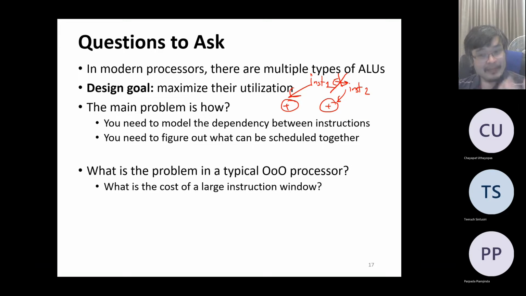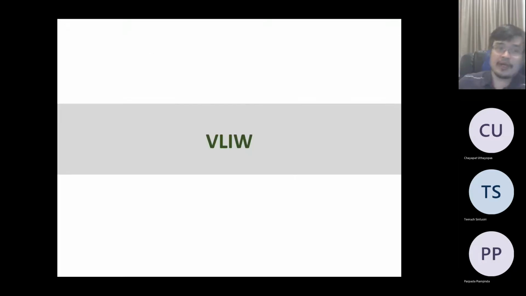So the cost of maintaining a large instruction window can be high. That's the problem. If I want to detect independent instructions that can feed into tons and tons of ALUs, the cost to maintain that gets high. So one solution is, well, why don't we rely on the compiler to help us, right?